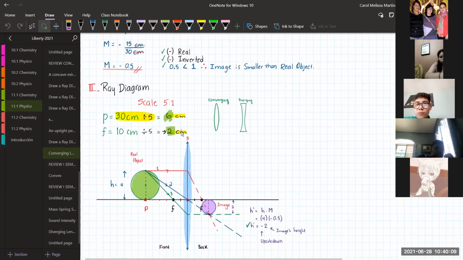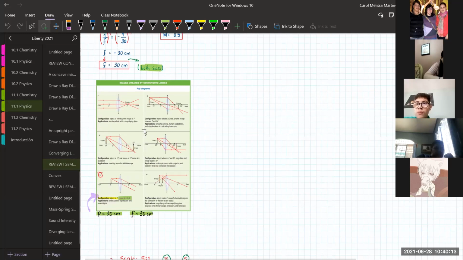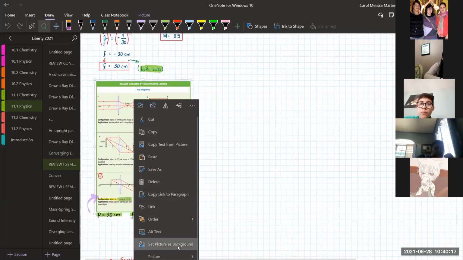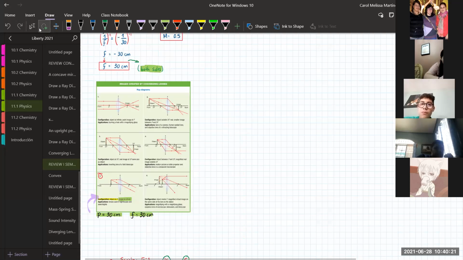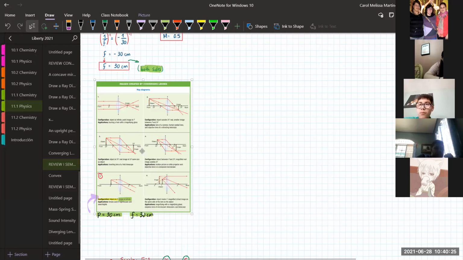Remember that for converging lenses we use these conditions, this table for conditions. So I'm gonna send this to you, to the group to have it with you, okay?